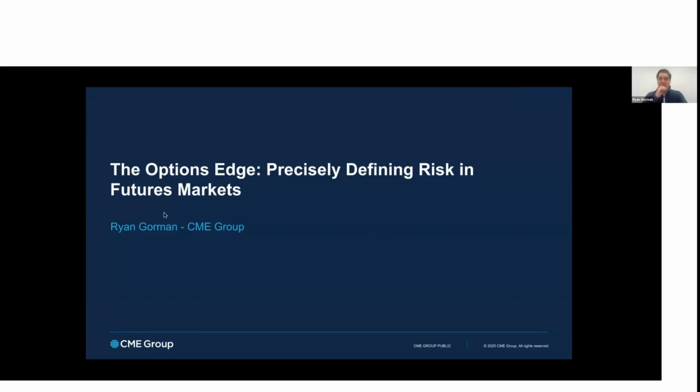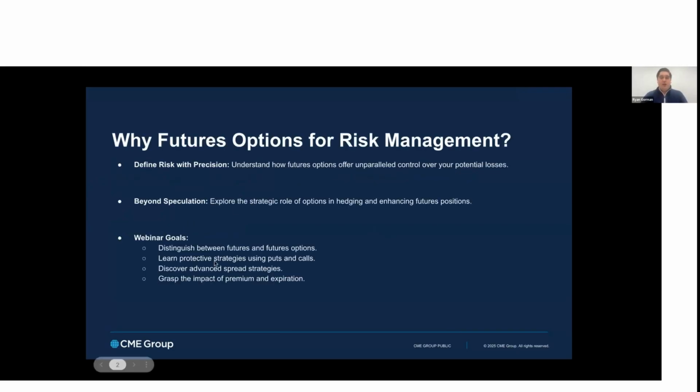All righty, so let's get into it. Today we're going to be talking about options on futures. We came up with the title, The Options Edge: Precisely Defining Risk in Futures Markets. There's a lot that goes into options, and we're not going to touch every part, but we're going to talk about a lot of different things within options, and some of the goals I want to get across.